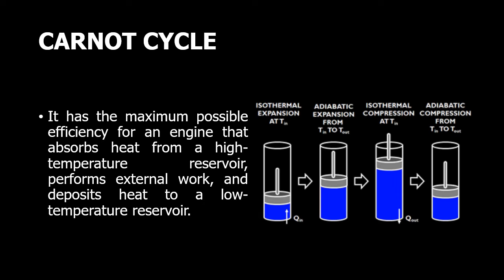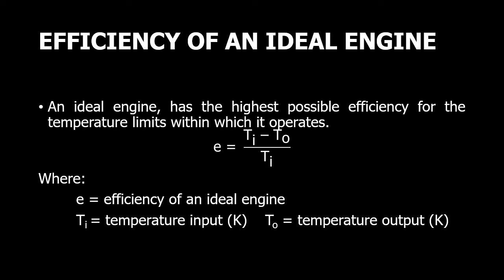However, in real life, irreversible processes such as friction and turbulence occur, which hinder the acquisition of a 100% heat engine efficiency. An ideal engine has the highest possible efficiency for the temperature limits within which it operates. The efficiency of a Carnot engine is given by the formula below. So E equals T sub I minus T sub O divided by T sub I.